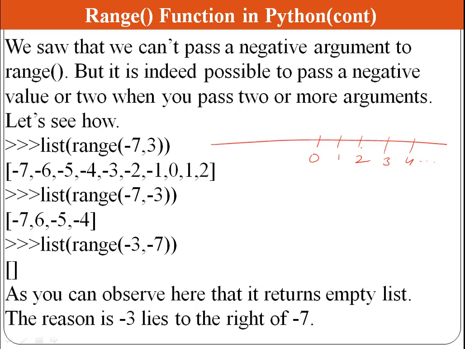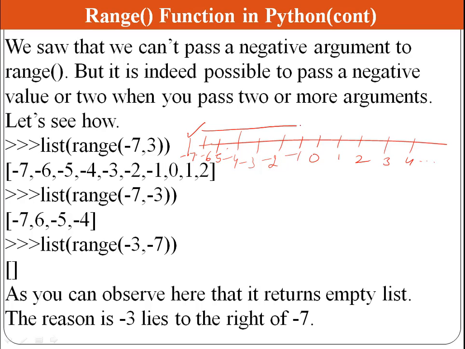So here the starting point is minus 7, minus 7, minus 6, minus 5, right? So we are starting from here and we are going in this way. So it is 3, so we will go up to 2.